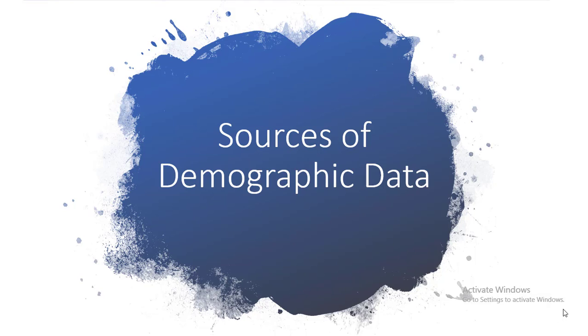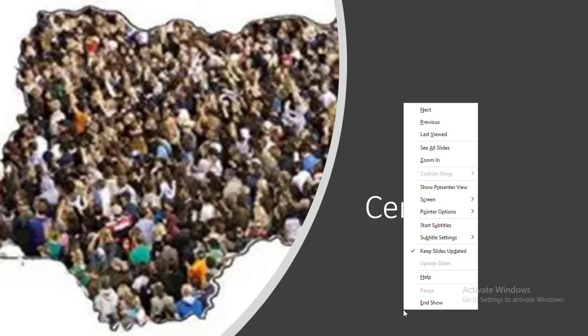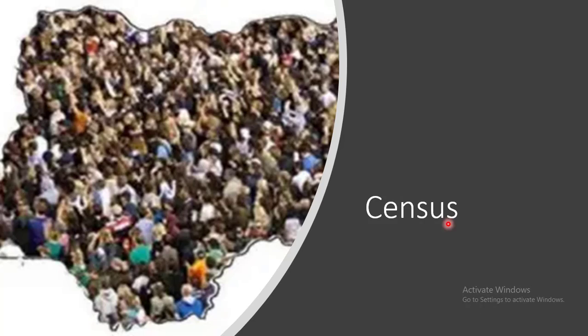And we need to know the characteristics, what they possess that will help us to determine other things. So first and foremost, to get this, we have to do census. Census will always help us to determine the demographic data that we have in designing education.